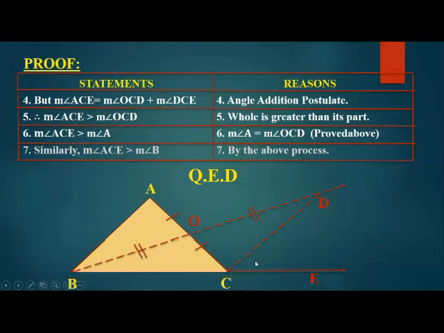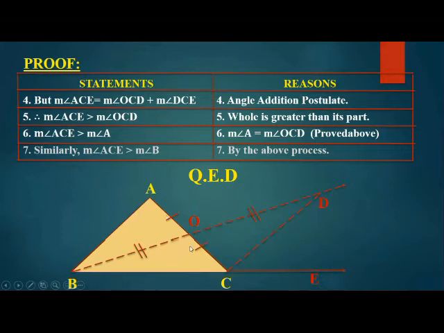So this is the part of ACE, so it is smaller, and ACE is the whole angle, so it is greater. So if angle A is equal to OCD and OCD is smaller than ACE, it means that angle A would also be smaller than angle ACE. How do we know that? Because we are sure that angle OCD is a part, ACE is the whole, and the whole is greater than the part.